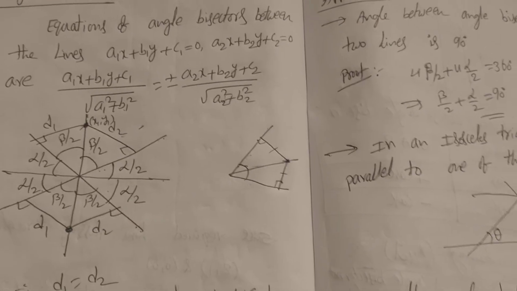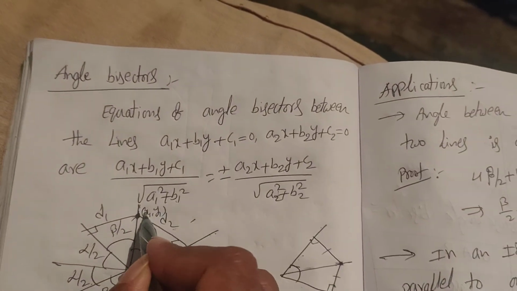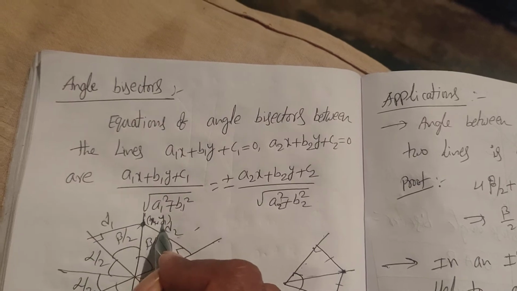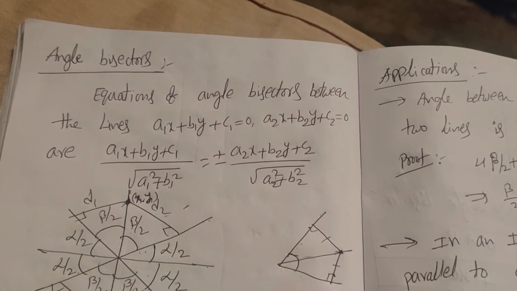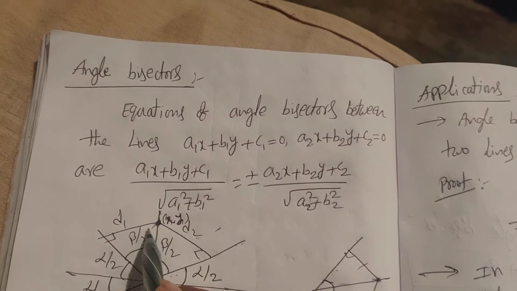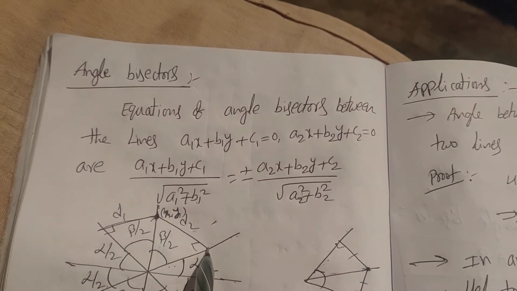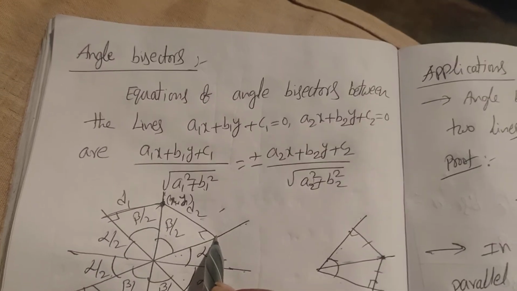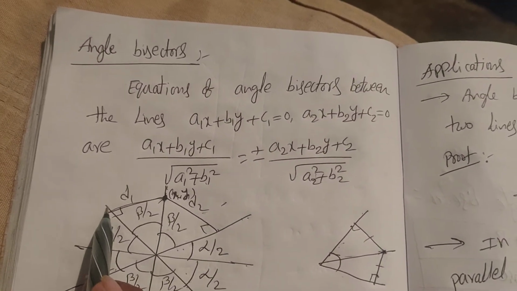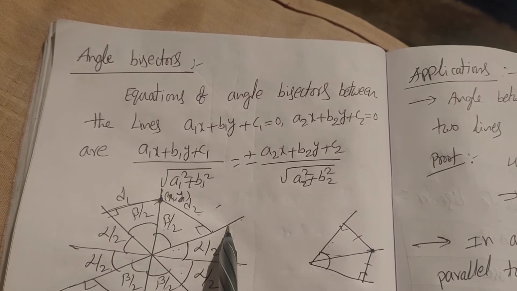Okay, so let us consider the point as some x comma y, or x1 comma y1, no problem. Here I am using x comma y only for convenience. If you take this point x comma y, the distances from this point are equal. That distance means perpendicular distance. So this is a1x plus b1y plus c1, and this is a2x plus b2y plus c2.